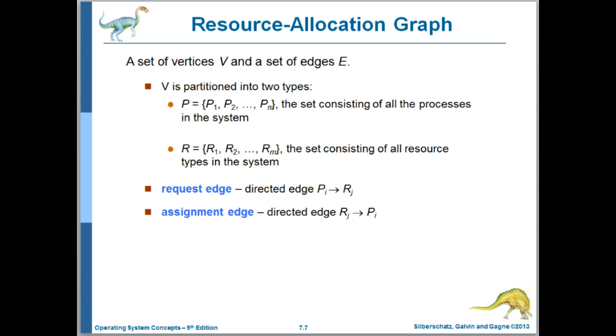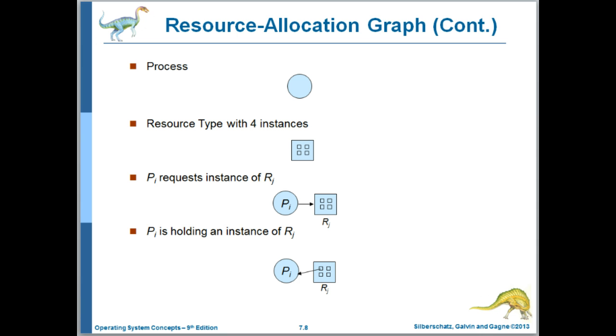A request edge, which is a directed edge from a process vertex to a resource vertex, and an assignment edge, which is a directed edge from a resource vertex to a process vertex. All right, so here's an actual illustration of the vertex types and the edge types. So our process is represented by a circular vertex.